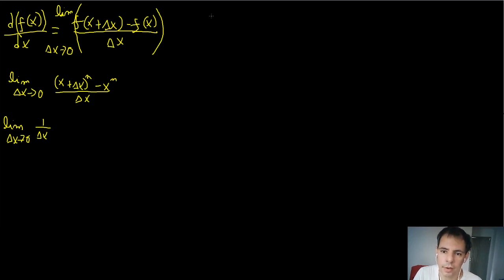So if you have x plus delta x to the n, you're gonna have x to the n as the first term to the n, and times the second term to the 0. Why? Because these two exponents have to add and result in n. So n plus 0 equals n.